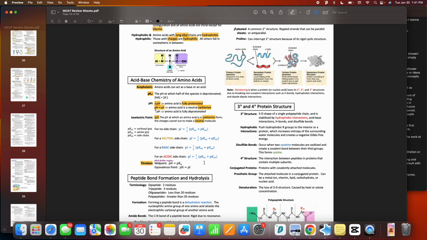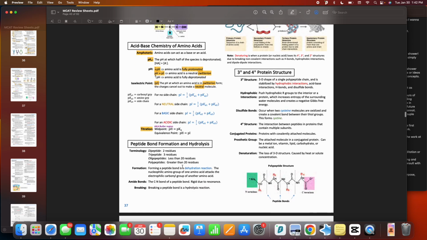So at the midpoint, where it's half of the equivalence point, the pH equals pKa, right? Because pKa is when half of the solution is deprotonated. Now the equivalence point equals the pI. So the solution is completely neutralized. It's completely in the zwitterion form.